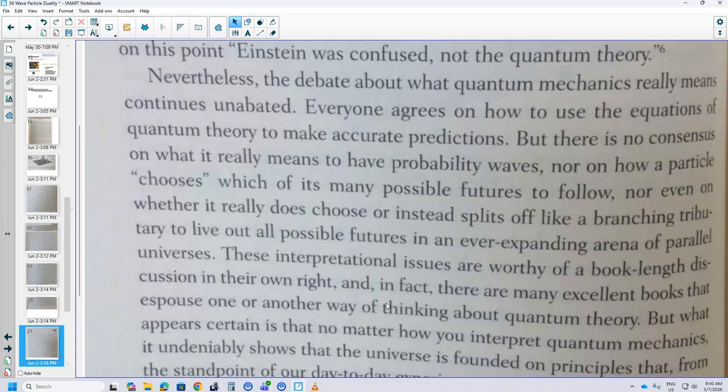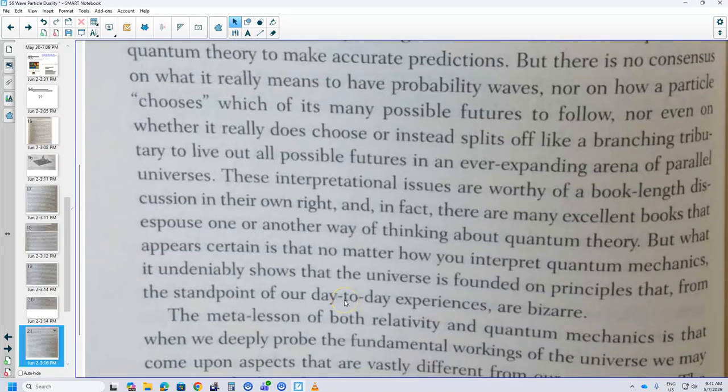Everyone agrees on how to use the equations of quantum theory to make accurate predictions, but there is no consensus on what it really means to have probability waves, nor on how a particle chooses which of its many possible futures to follow, nor even on whether it really does choose or instead splits off like a branching tributary to live out all possible futures in an ever-expanding arena of parallel universes. That's the many universes interpretation. We'll talk more about it later.